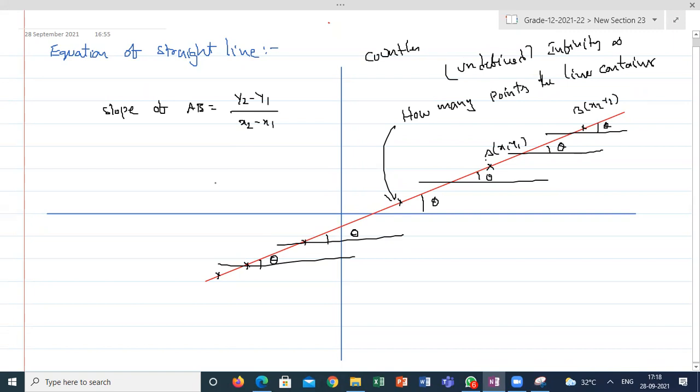So how can we give a condition which represents the set of all these points?